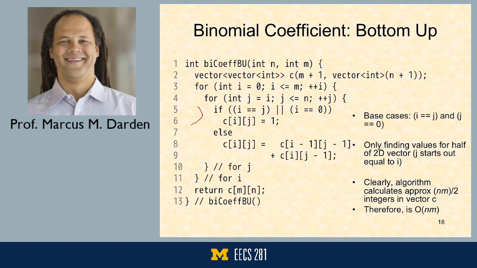If i is equal to j or i is equal to 0, then I'm going to put the value 1 in that location. And so i is going to be going through my rows, and then inside of that, j is going to be going through my columns. So in the case where i is equal to j, what I'm saying is, how do I choose all of them?